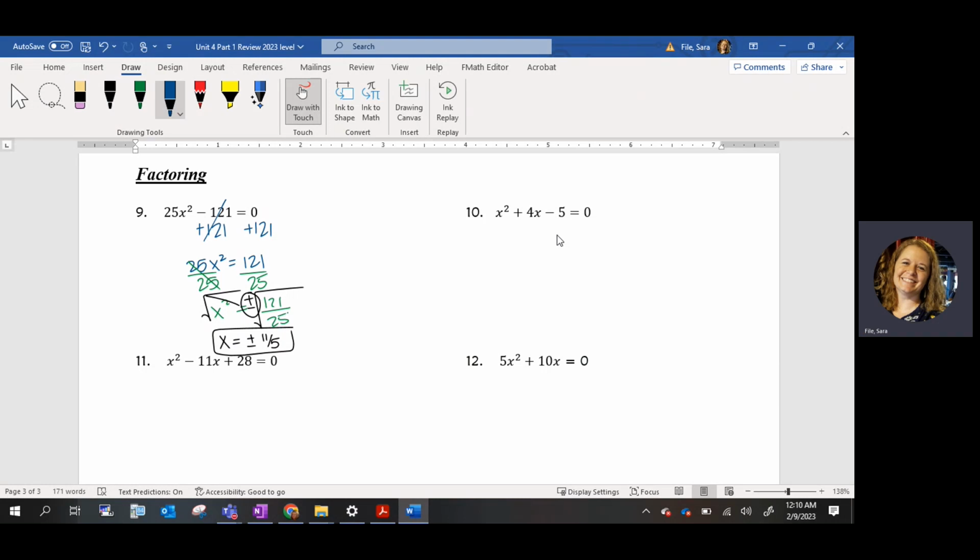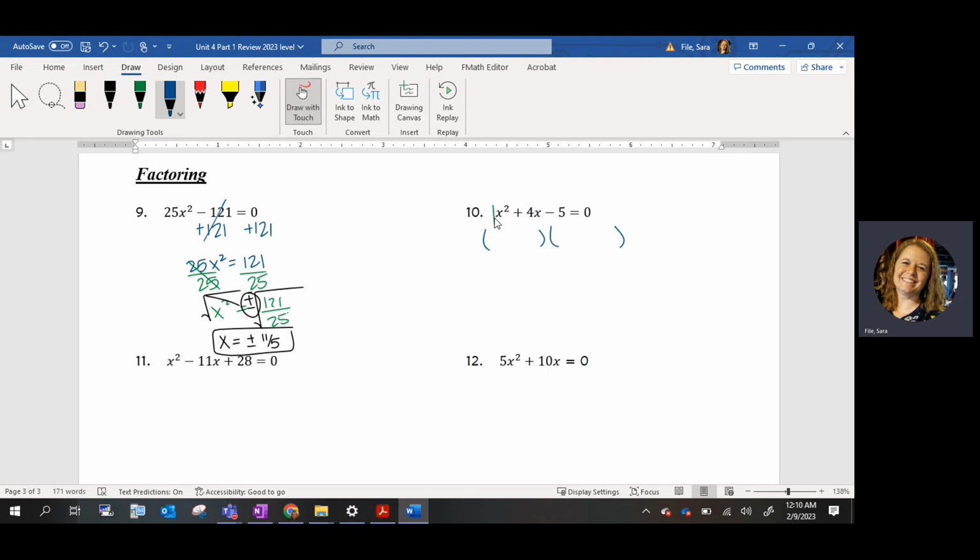Now number 10 is different because it's not just an x squared. There's an x squared term and an x term and a constant. This is your trinomial form factoring, where the a value is an understood 1. When that's the case, I think it's easiest not to worry about trying to do box method or grouping or anything like that.